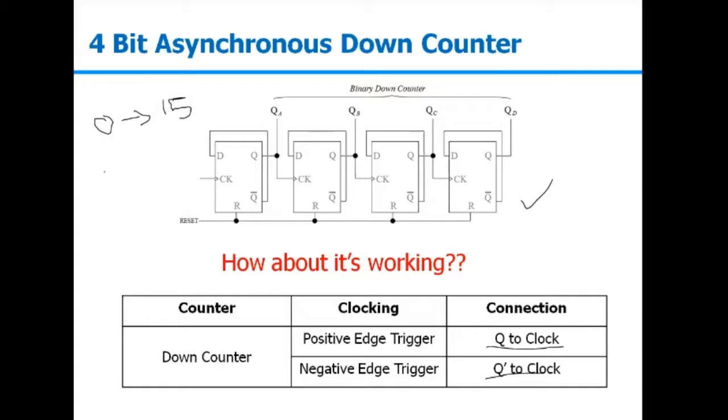For mode 9, it has to count from 0 to 8 only. So after 8, it should be reset. It should not go into the next state. That is our requirement.